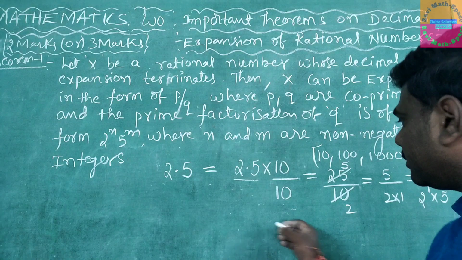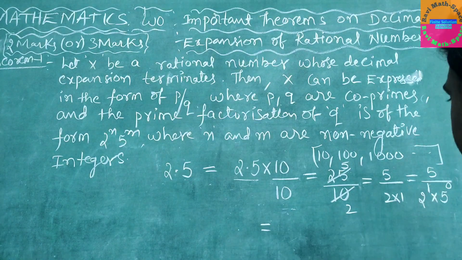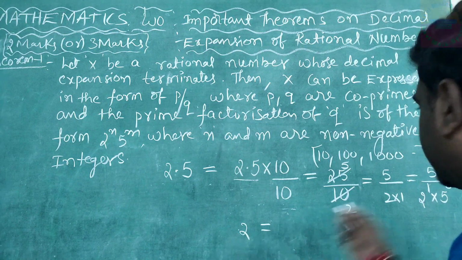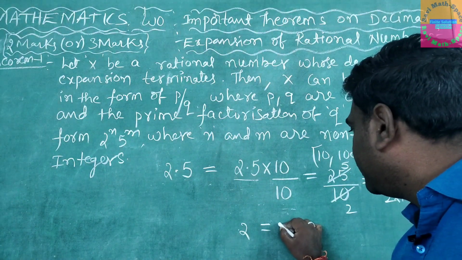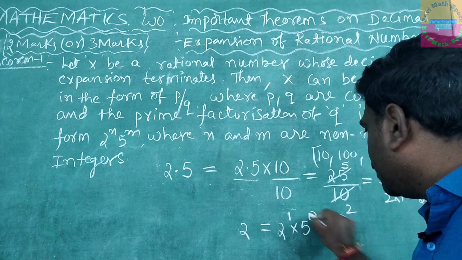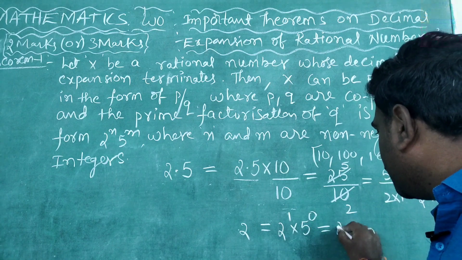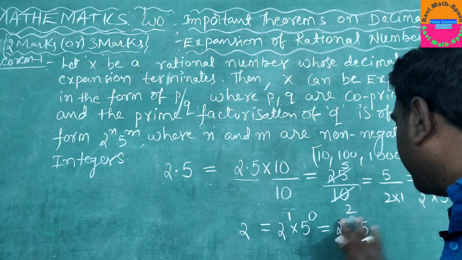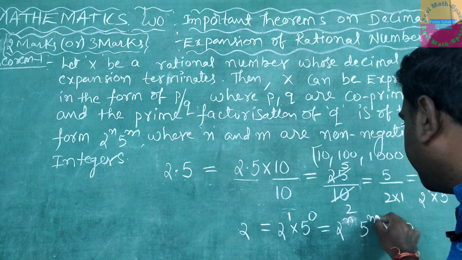Therefore, what is the denominator? 2. The denominator is of the form, which form? 2 power 1 into 5 power 0, which is nothing but 2 power n into 5 power m.